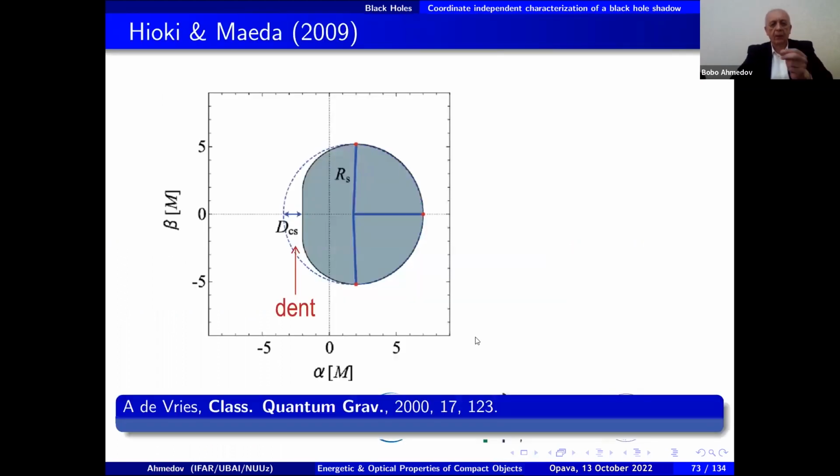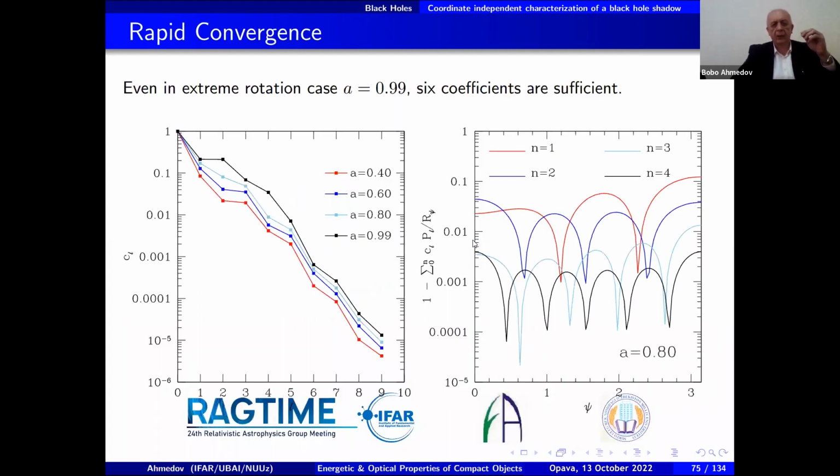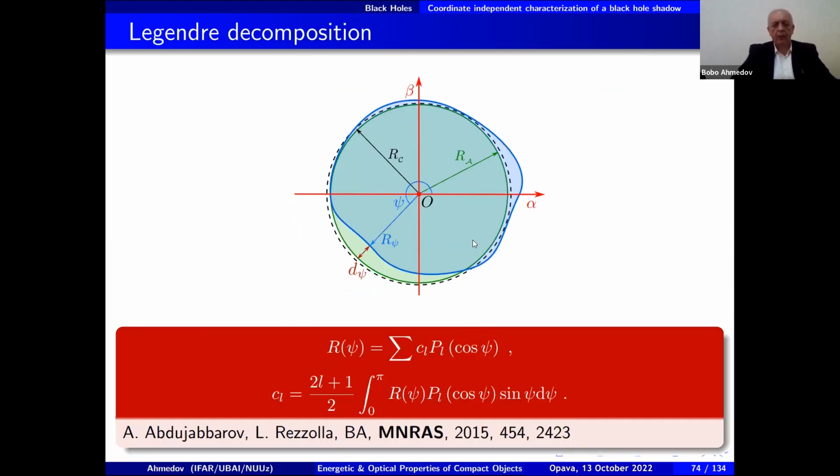The classical method, which was introduced by Kitamoto and Maeda, is not applicable. So we were looking at the boundary of the black hole shadow, which was written as a curve expanded in orthogonal polynomials, and we were looking at the coefficients of the expansion.